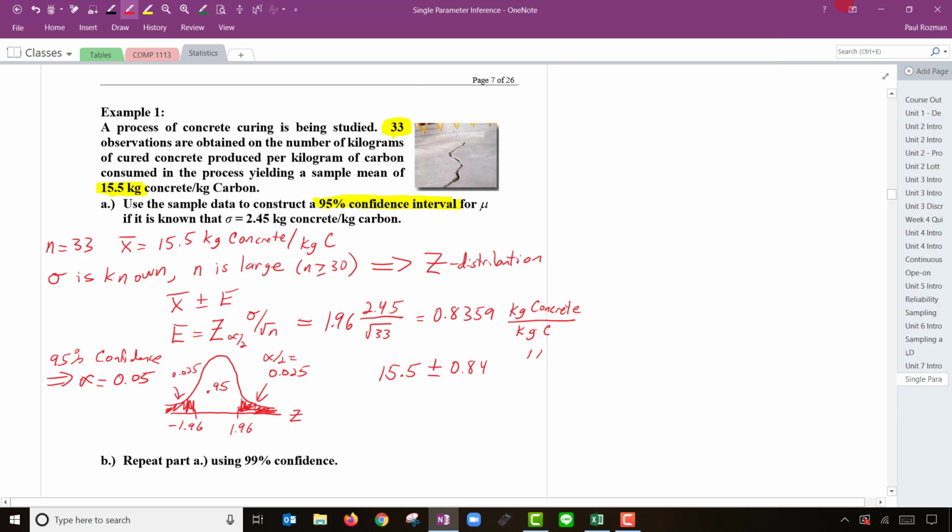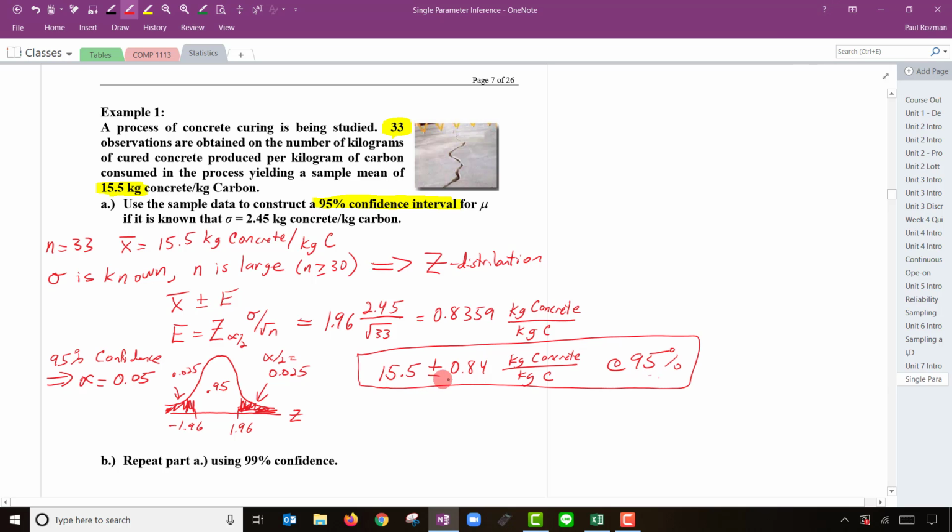Maybe I should write it, just to get in the habit of always putting units with a confidence interval. And I also like to add the degree of confidence. If this is my final answer, it's nice to remind me which confidence interval this is.